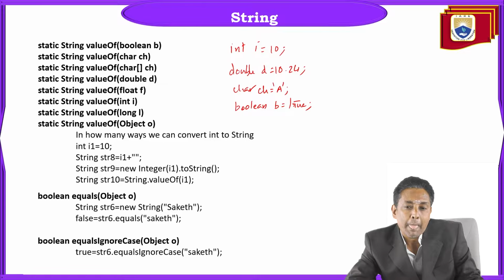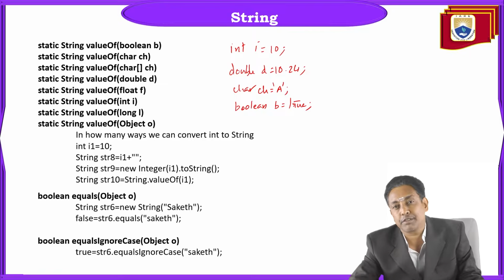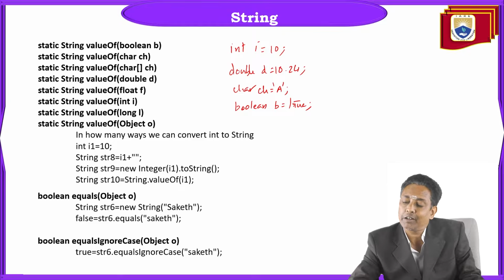Why do we want to convert string to primitive types? Because not only in Java, in most programming languages, desktop, web, and all other types of applications, you take any language, Java, C, C++, Python, PHP, C Sharp, the most used languages.